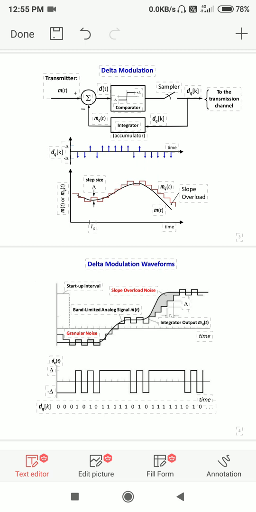And see below the second diagram, it is the decoder. It adds the difference to the previous sample, so it will integrate the pulses to regenerate the original signal.